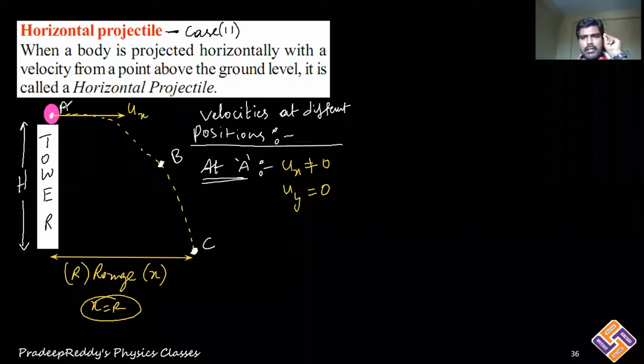It is purely horizontal. Therefore, velocity along y direction initially at point A is 0. That is the initial velocity at A along x-axis and y-axis. Acceleration along x-axis will be 0. Acceleration along y-axis will be equal to g. That is at position A. Now come to position B.